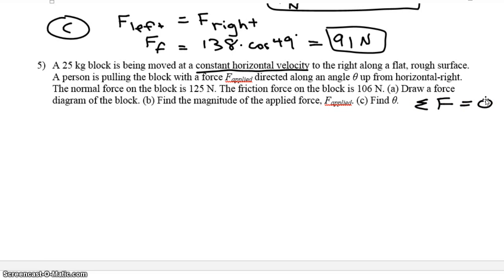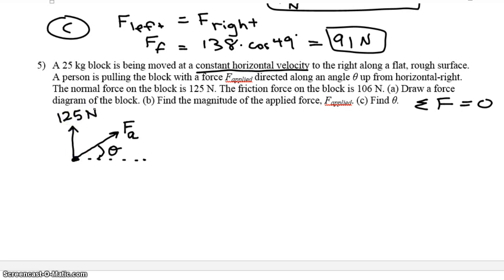And it's going to the right on a rough surface, flat. Rough tells us there's friction. A person is pulling the block with the force F applied, directed along an angle theta, up from horizontal right. So here's what that F applied looks like, along some angle theta. The normal force is 125 newtons.